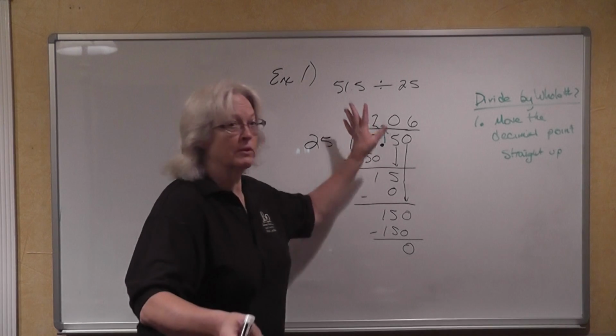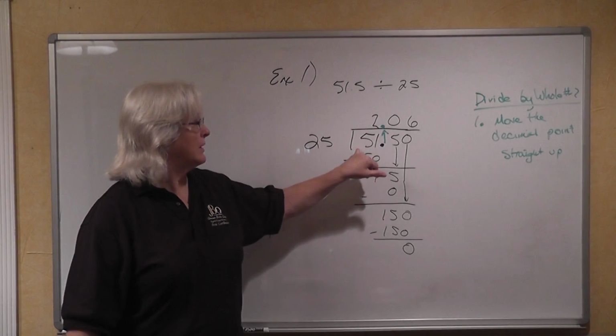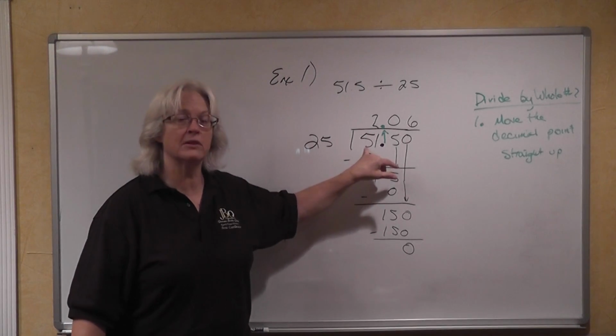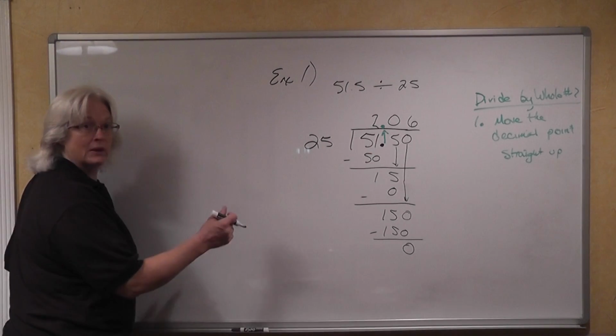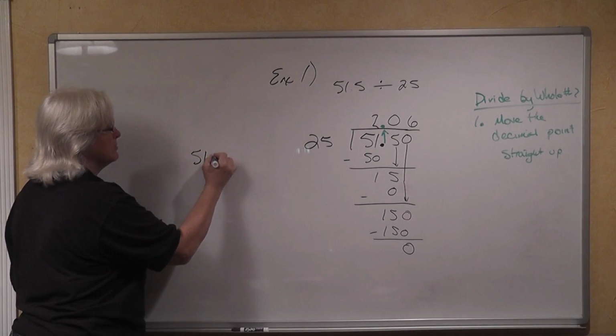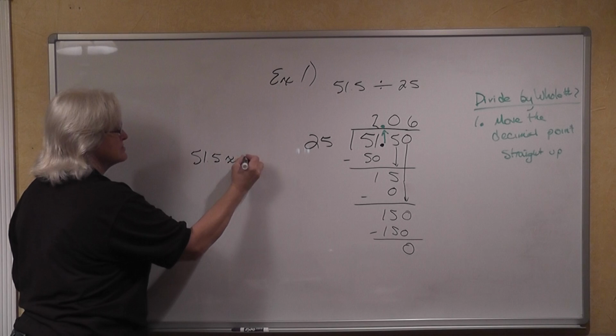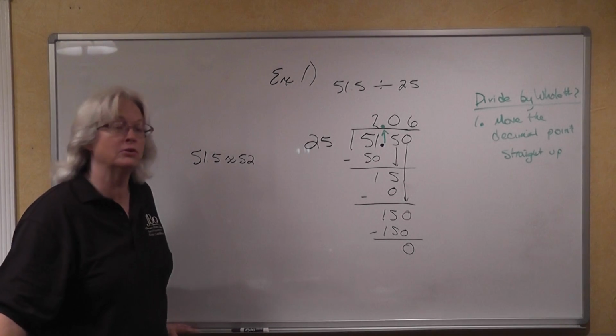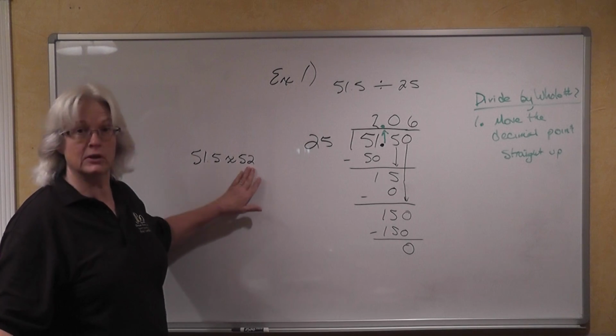What is our decimal that we have right here? We have 51.5. So we're going to round this decimal to the nearest whole number. 51.5 rounds to approximately 52 as the nearest whole number.